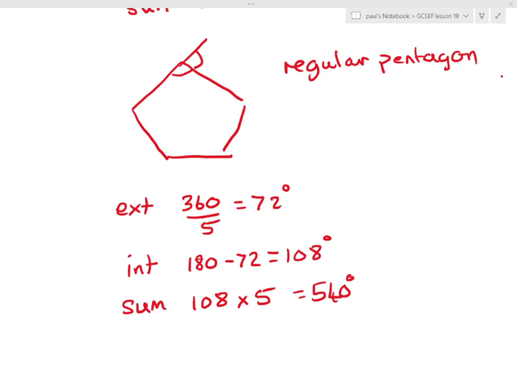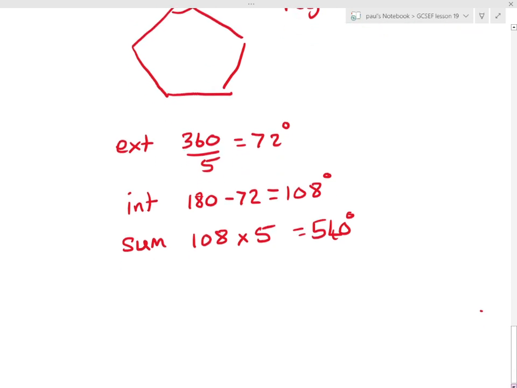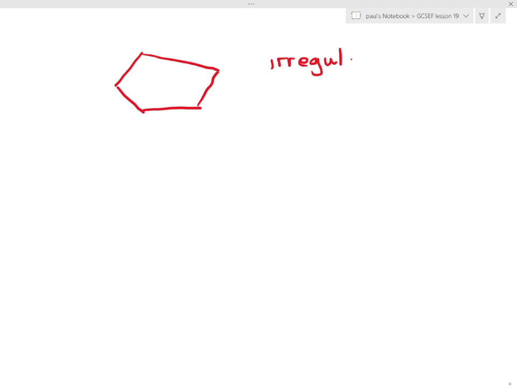Now there's another method of doing this when you'll want to work out just the sum, because if you have a pentagon, and all the sides are different, it's called an irregular, and this goes the same as all the other many-sided polygons.